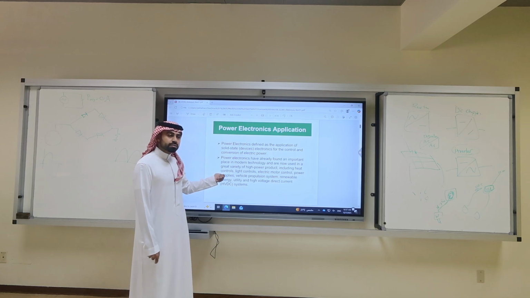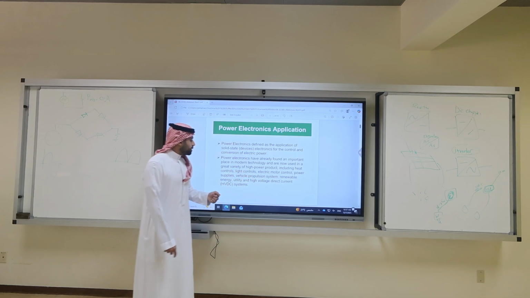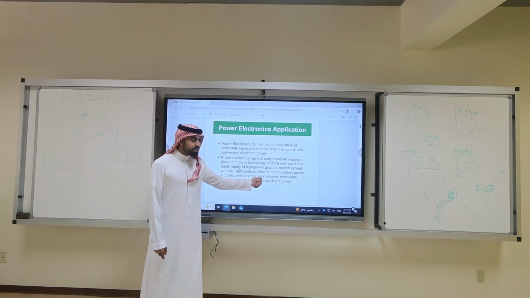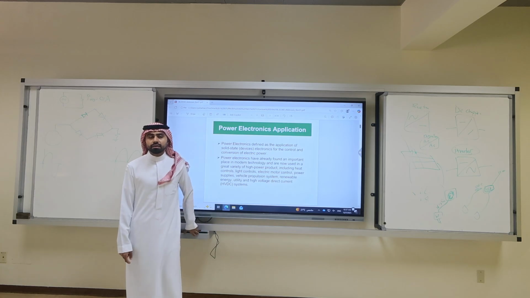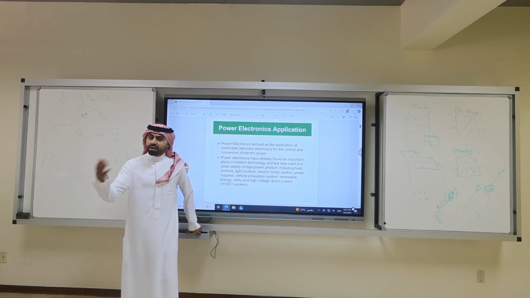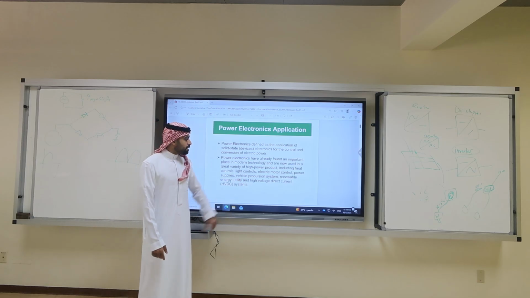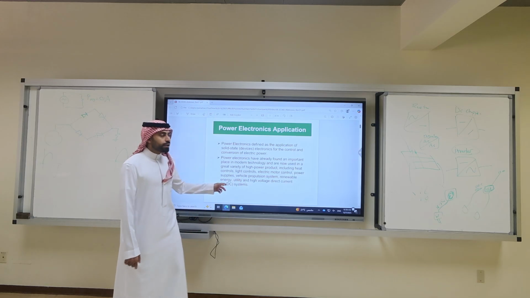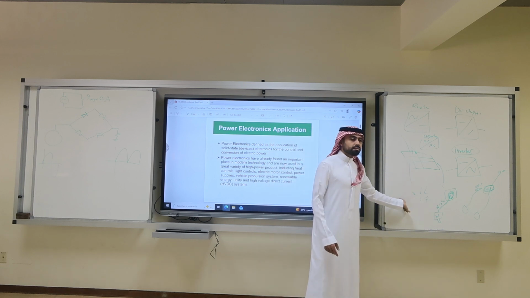Power supplies, to improve the quality of power supplies. Vehicle propulsion systems, like an electric vehicle, how we control the speed of electric vehicle. We need to have inverters, DC links, multiple things. Renewable energy: if we have solar cells, we need to have inverters.